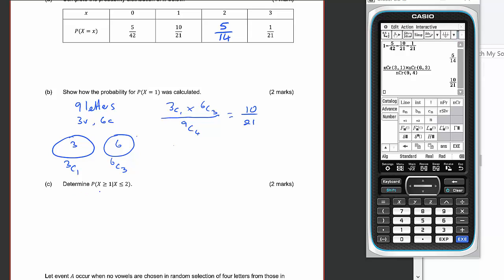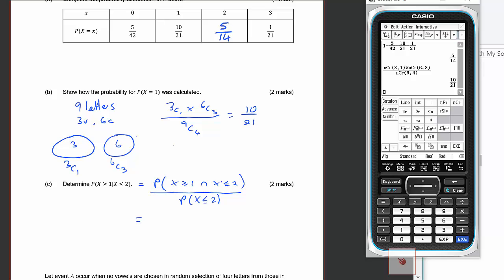Determine the probability that x is greater than or equal to 1 given that x is less than or equal to 2. We're using the formula: the probability that x is greater than or equal to 1 and x is less than or equal to 2, divided by the probability that x is less than or equal to 2.